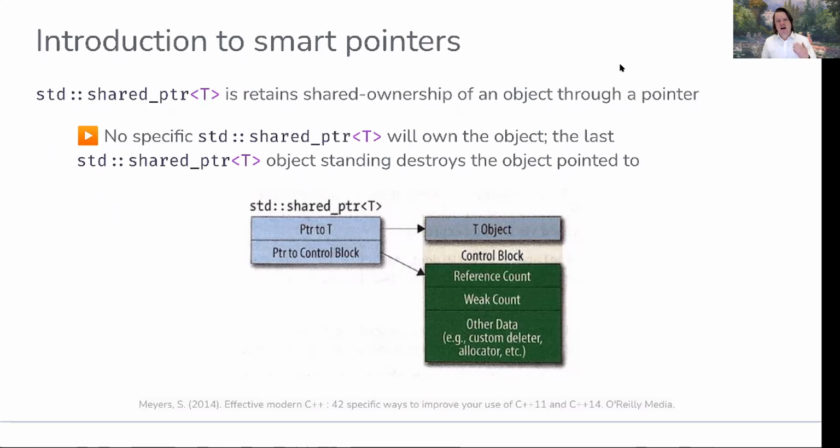We'll see here that no specific shared pointer will own the object. Instead, it will be shared across them, and it will be the responsibility of the last shared pointer standing to go ahead and perform the deallocation of the resource that the object is pointing to.